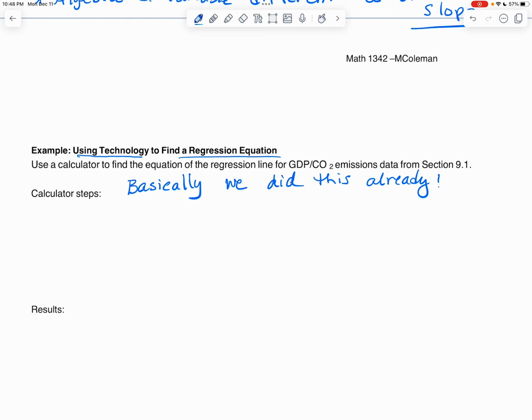And then number 4, I'm going to tab down to number 4, hit Enter. And by default, all of this is already done for you. So you can just leave it the way it is because it's default. If you hit Enter, then you end up with exactly what we had at the end of section 9.1. And here are your results. The A value, the B value, the R squared value, and then the R value.